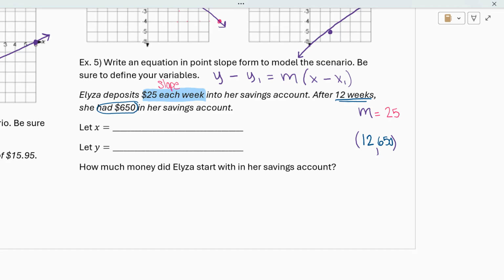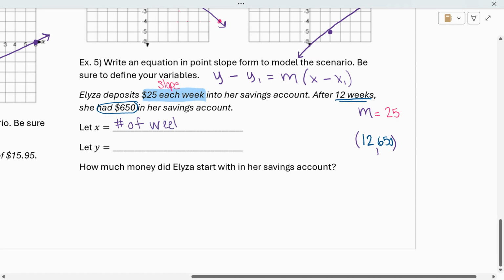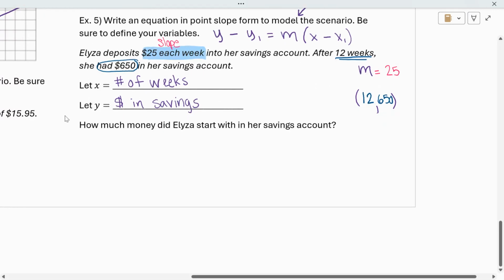So I need to define my variables. X is going to be the number of weeks, and Y is the amount of money in my savings.